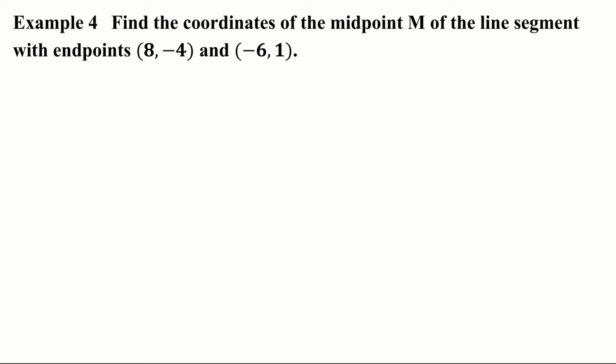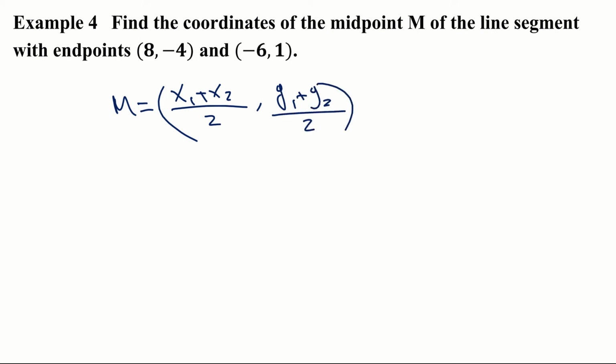You will know that it's a good idea to always write your formula down first. We didn't do so for the distance formula because there's so much writing. I'm trying to save time on the video, but it's a good idea to do it. So we know that the midpoint is going to be x1 plus x2 over 2, comma, y1 plus y2 over 2. So here we can think of this as x1, y1, and think of this one as x2, y2.